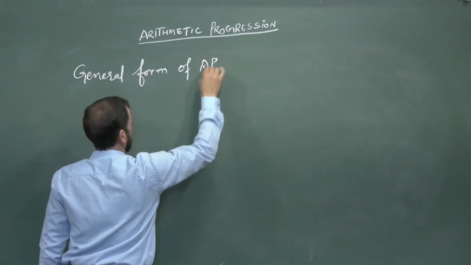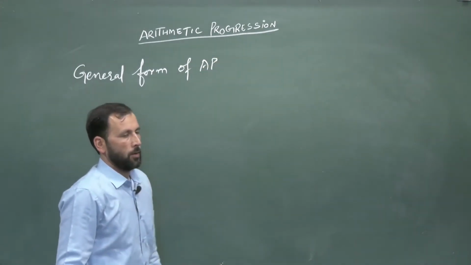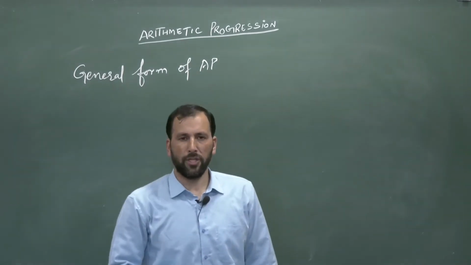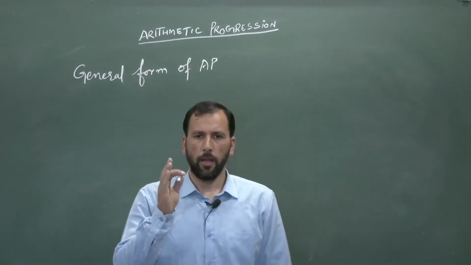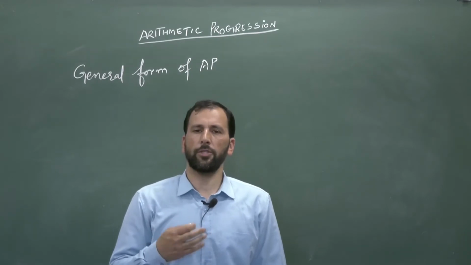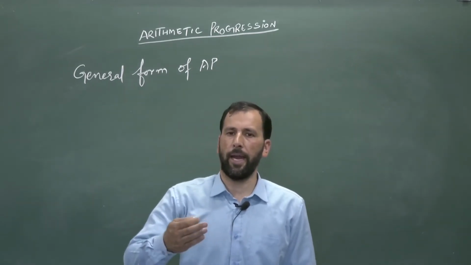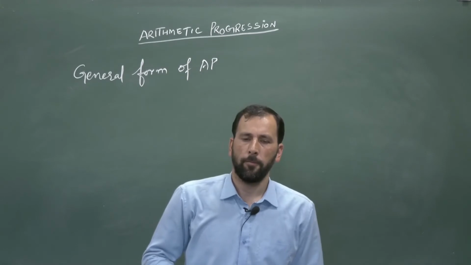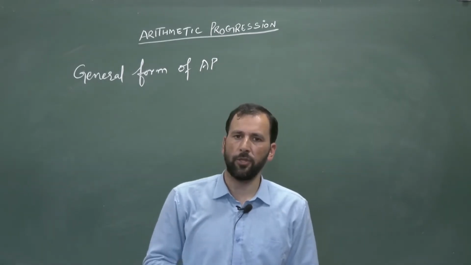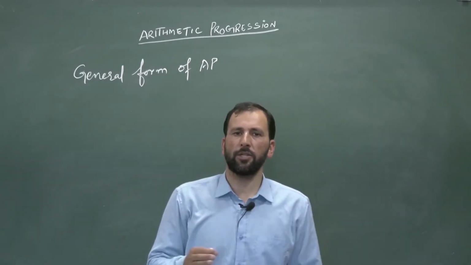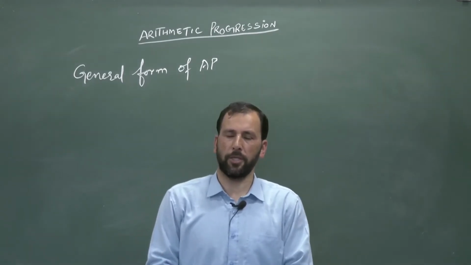AP means arithmetic progression. We discussed in the definition that a list of numbers in which each term is obtained by adding a fixed number except the first term, then the list of numbers is said to be an arithmetic progression.